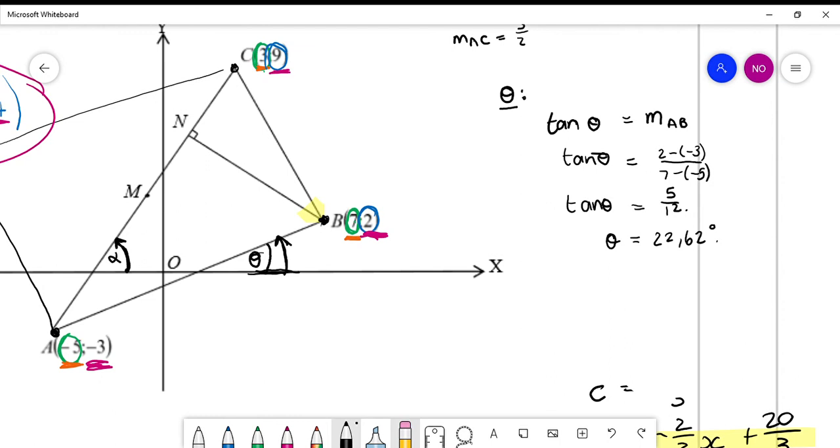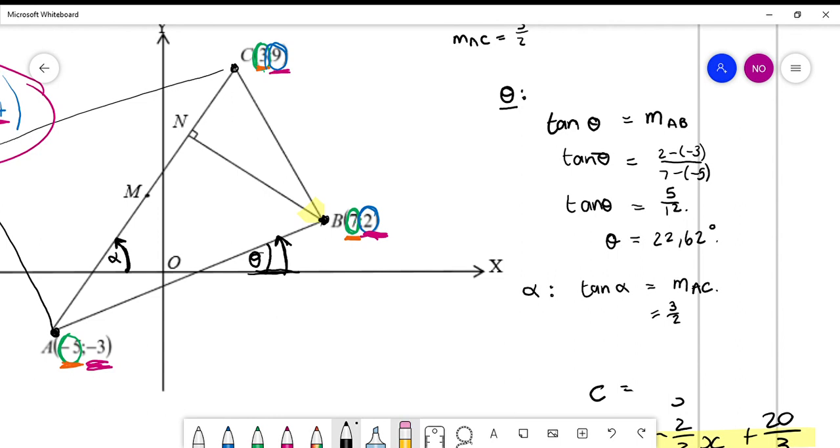Okay, now, when I'm calculating alpha, I'm going to say tan of angle alpha will be equal to gradient of which line? Yes. AC, which we have calculated earlier. Ons het hom vroeër bepaal om te wees 3 op 2. Nee? Look at your notes. We did in question, I don't know which one.